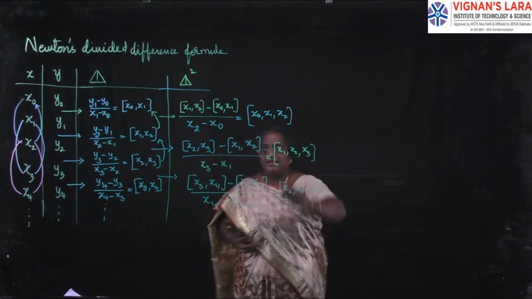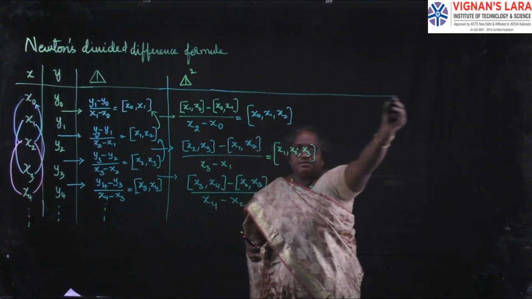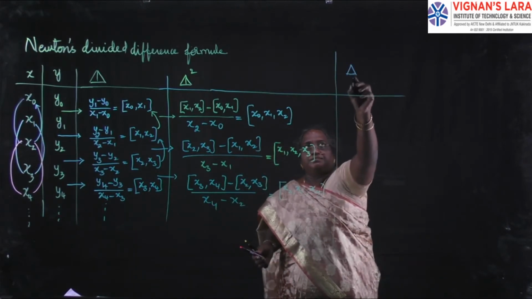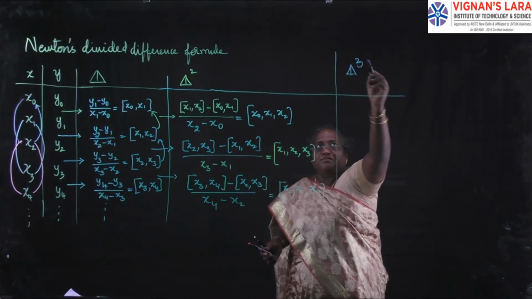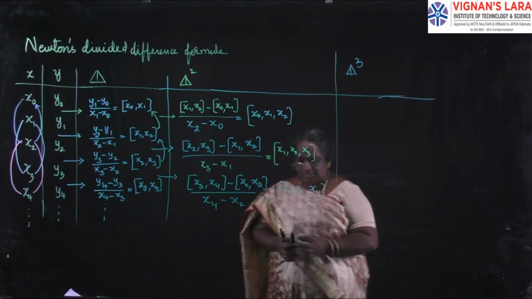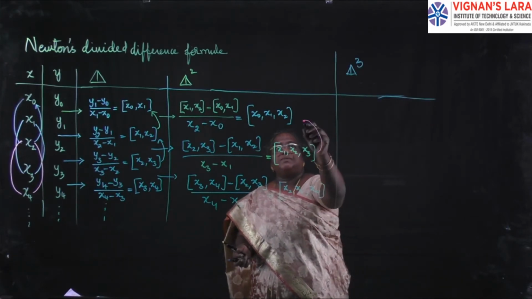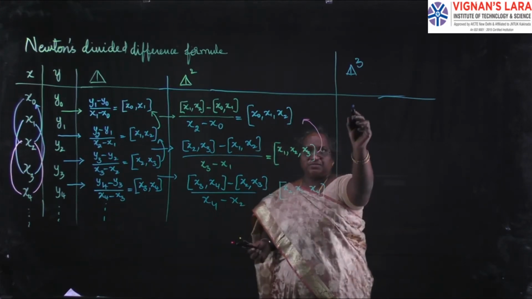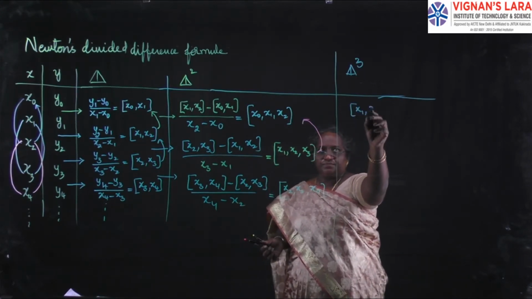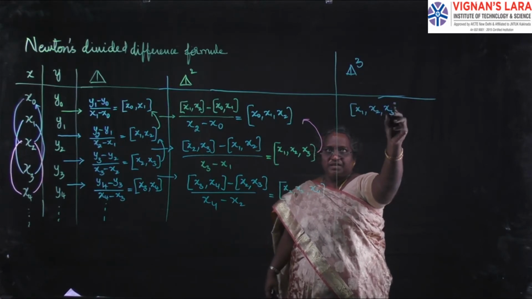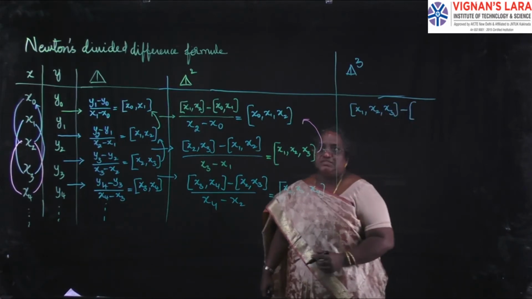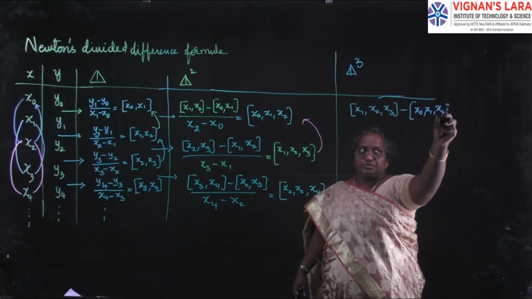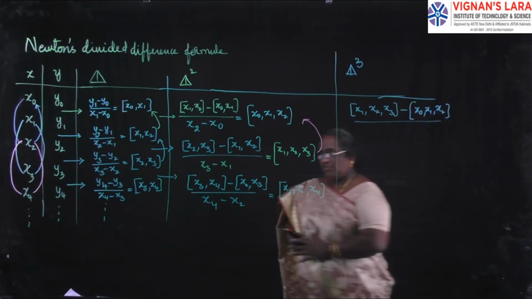Now we calculate the third divided difference. Now you see the values here. We subtract the second divided difference of x0, x1, x2 from the second divided difference of x1, x2, x3, by, see what we get here.